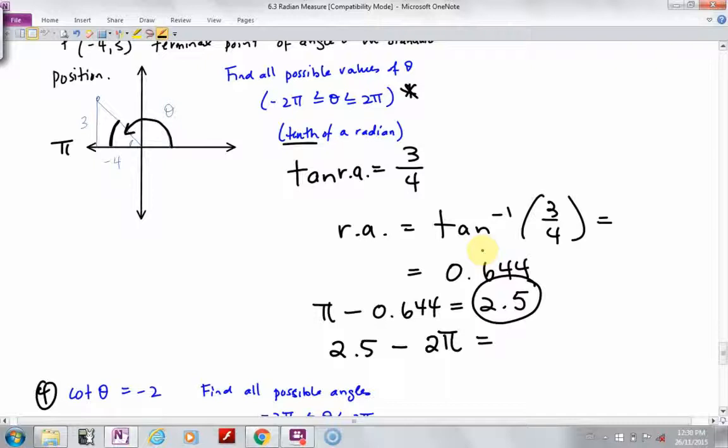And what does that work out to be? Negative 3.78. So it's negative 3.8 to the nearest tenth. Okay, so those are my two values of theta between negative 2 pi and 2 pi. Questions about that?